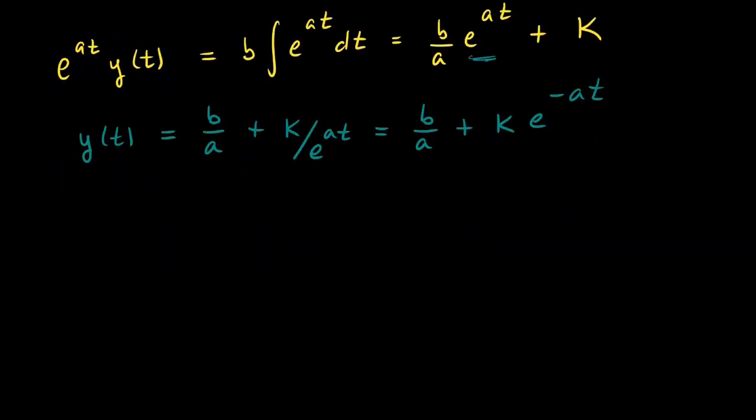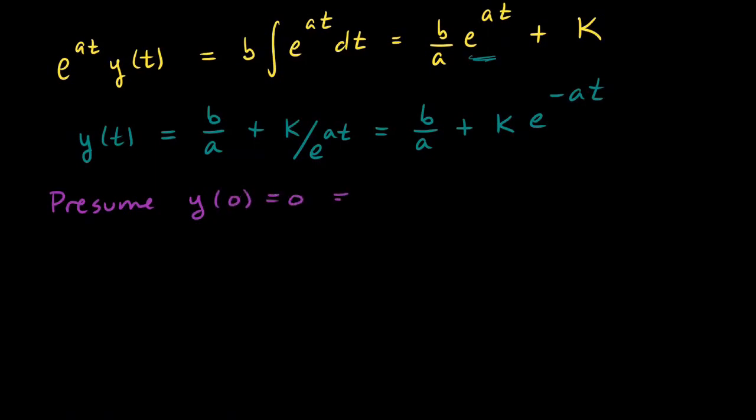Now I want to go one step further. I have a form here, but this k is an unknown value. Oftentimes in our problems we're going to assume 0 initial conditions, so we're going to assume a function value is 0 at time 0. So I'm going to presume here that y of 0 equals 0.